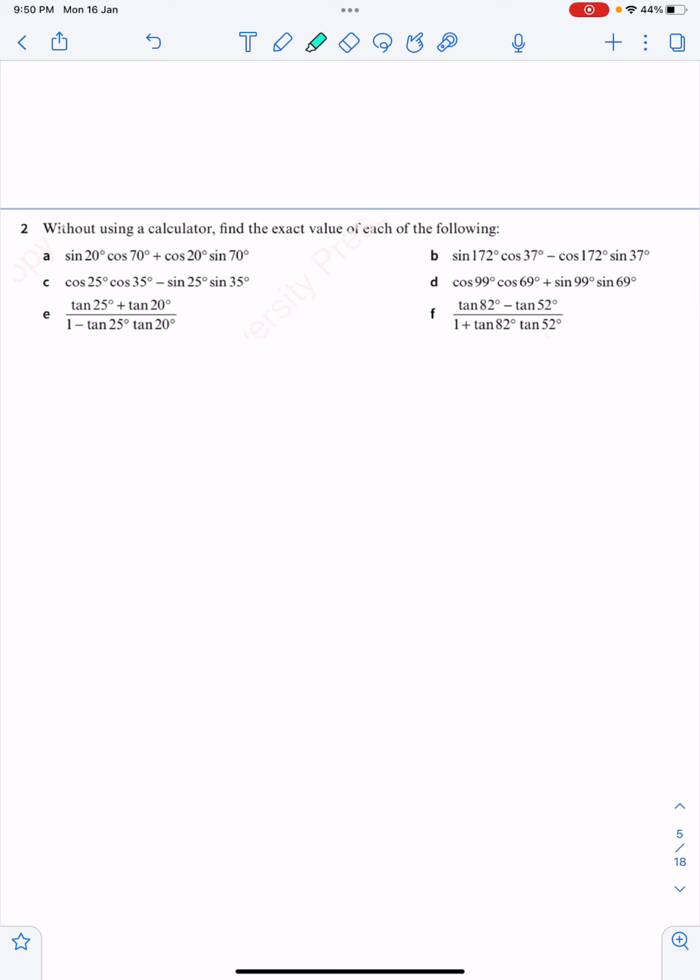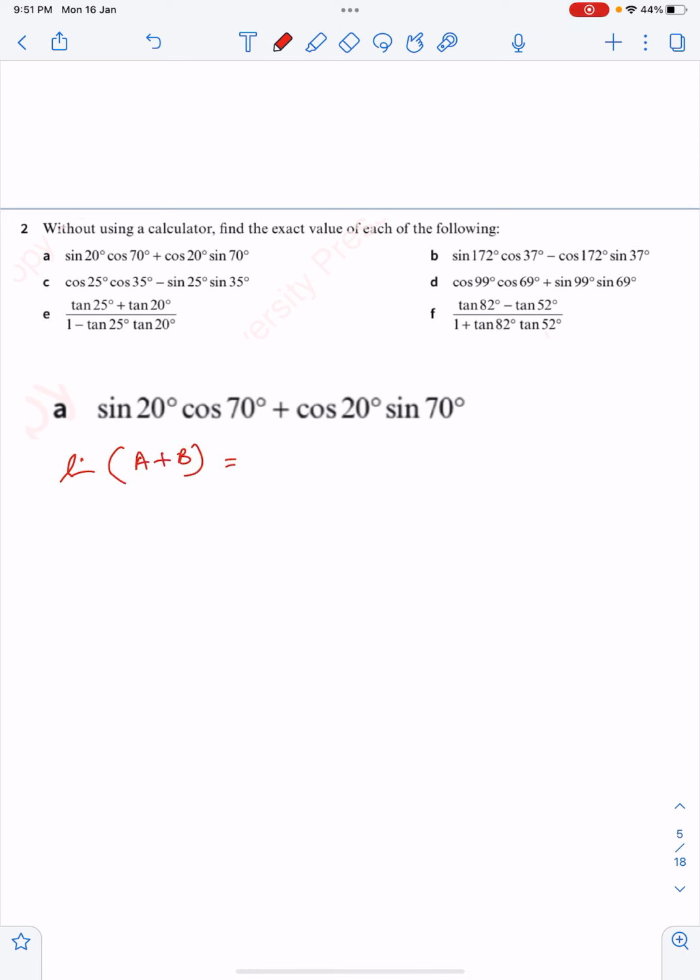In question number 2, it says, without using a calculator, find the exact value of each of the following. If you notice in the first question, I am just copying the question, they are using the formula of sine a plus b: sine cos, cos sine. I am writing down the formula: sine of a plus b equals sine of a cos of b plus cos of a sine of b.